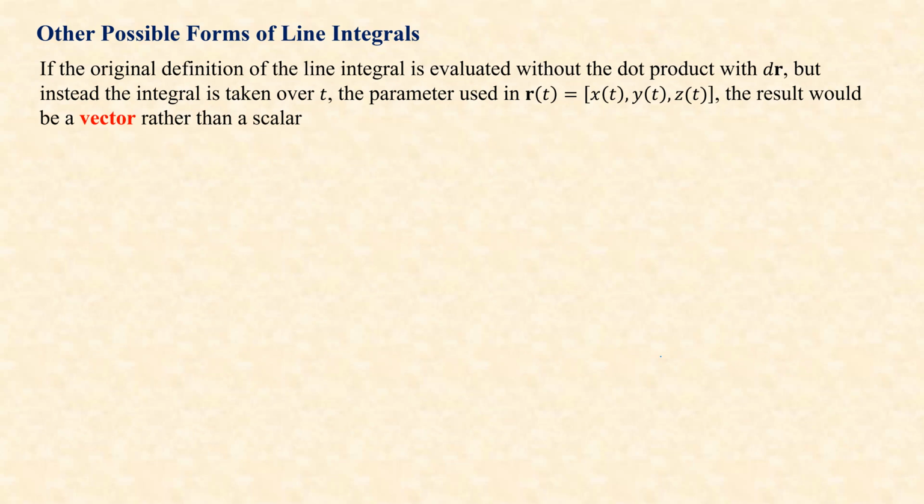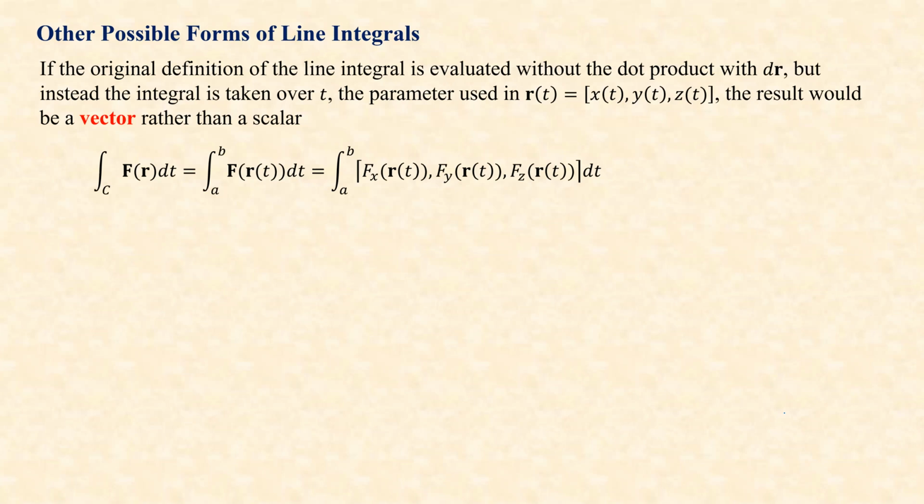We have a vector, because the integral of f dt is the integral of f of r of t dt, and that has 3 components: x component, y component, z component. These are not derivatives. I should write f1, f2, f3 as consistent with the book, because we use the subscripts x, y, z when we mean the partial derivative, but here it's not a partial derivative.